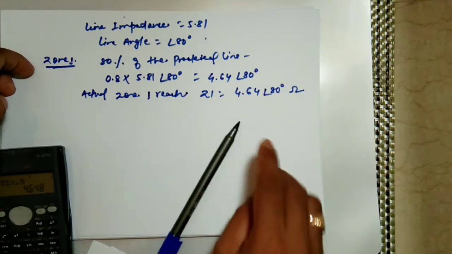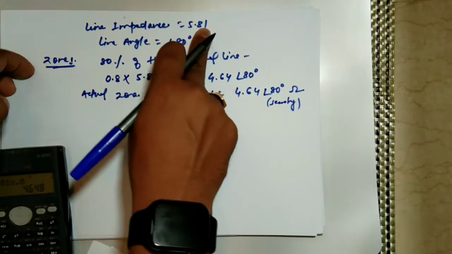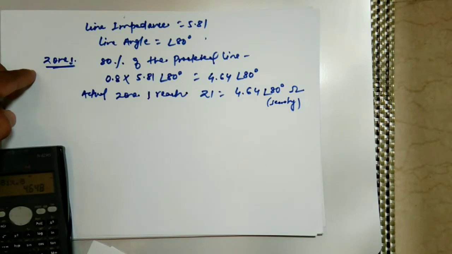It is in secondary value, since we have already multiplied the CT by PT ratio.